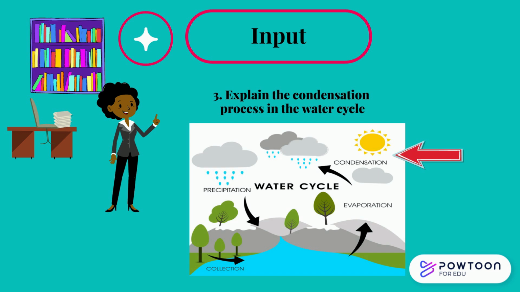In our last example, the image shows the different stages of the water cycle with the red arrow pointing towards the condensation stage. This would be considered the input, as it is what the students need to look at in order to answer the question.